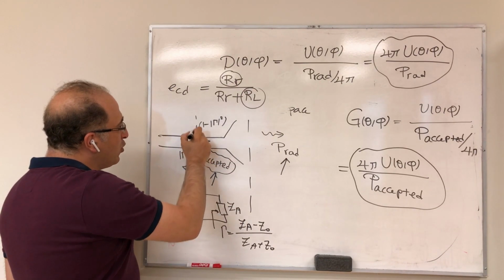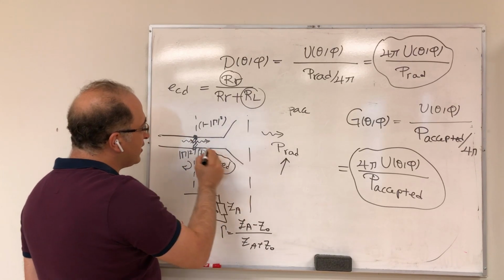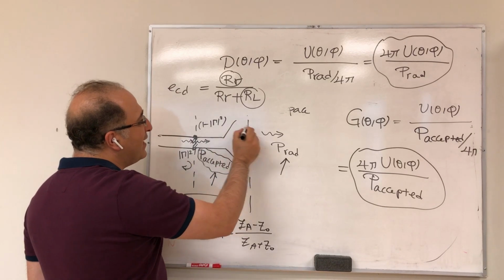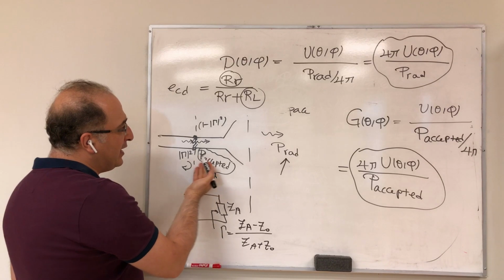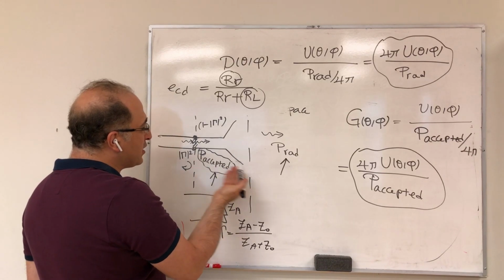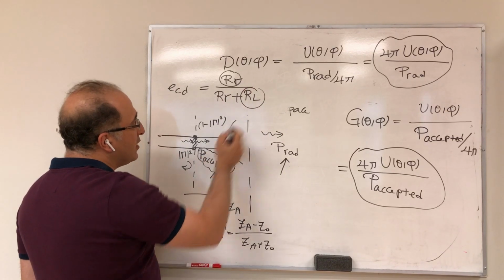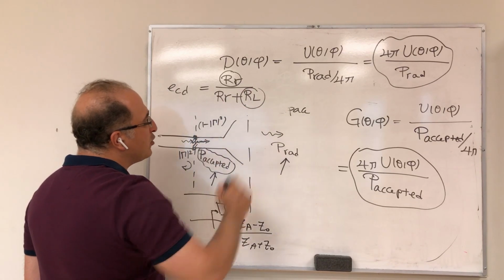So if you go from the port of the antenna to the total radiated power, this P accepted is going to go through loss, and then it's going to radiate. So in these cases, what's going to happen is that this R_L is going to have its own effect, because R_L is the source of loss when you go from here to radiation.